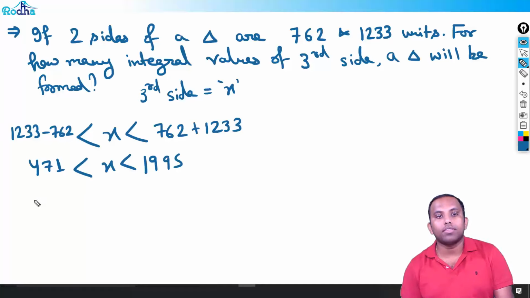So how many values here? x can take all the values from 472 to 1994.